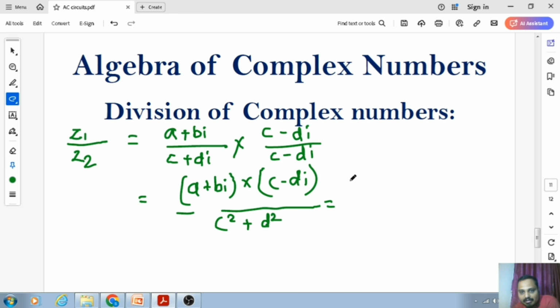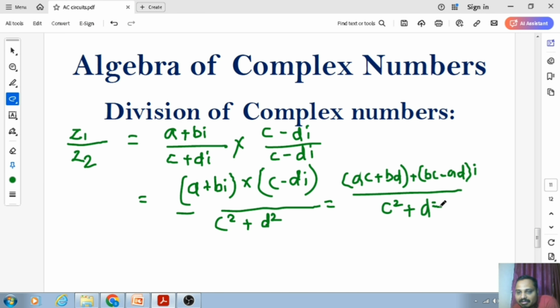We will get ac plus bd plus (bc minus ad) times i, divided by c square plus d square.